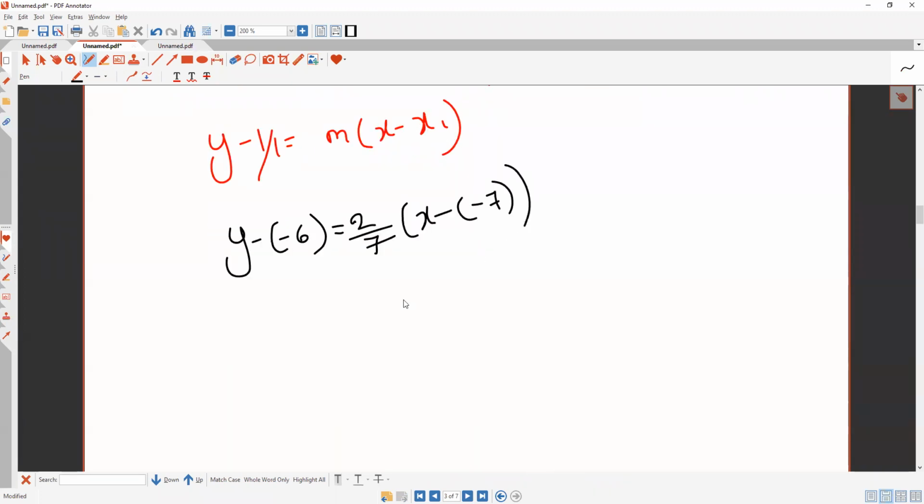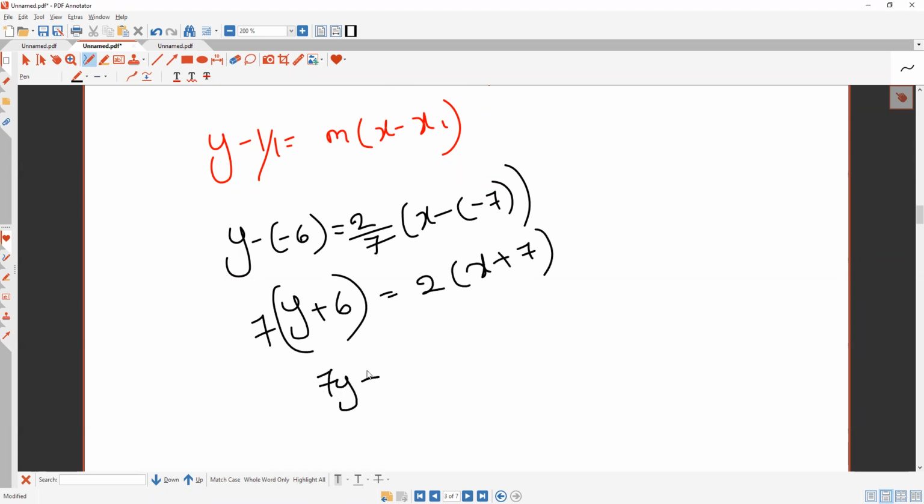I hope all of you got this. So y plus 6, cross multiply, 7 here, 2x plus 7. So 7y plus 6 sevens are 42 is equal to 2x plus 14.